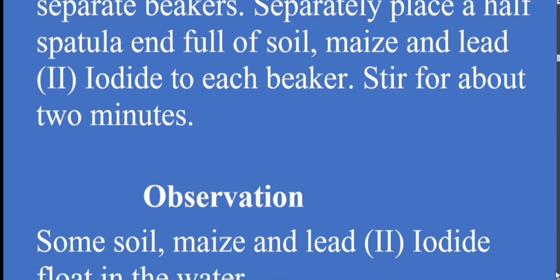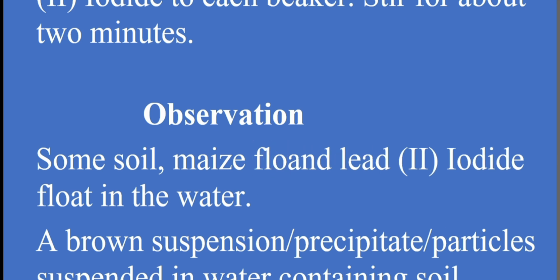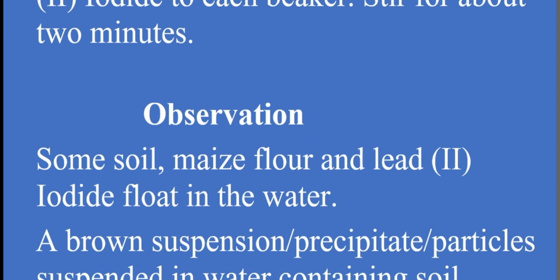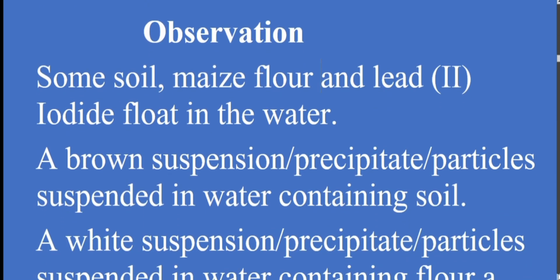Now, what are we observing? We observe that some soil, maize flour, and lead 2 iodide float in the water. A brown suspension or precipitate, or particles suspended in water, containing soil.